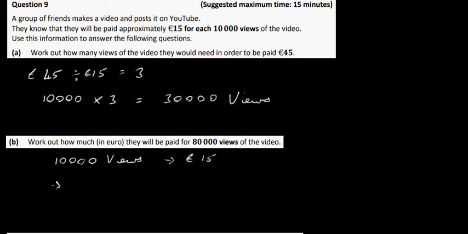So we have 80,000 views. So we just multiply the 10,000 by 8 to get 80,000. So multiply 15 by 8, so in other words, we're going to take 15 euros, multiply it by 8 and that will give us 120 euros. So for 80,000 views they will be paid 120 euros.